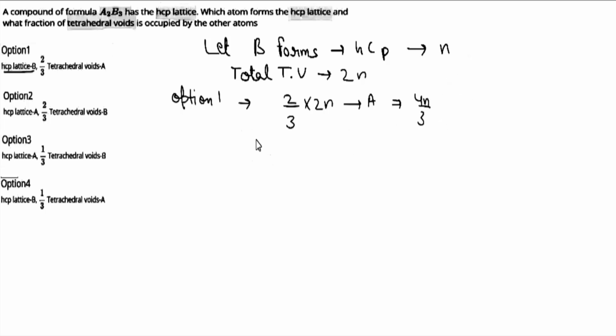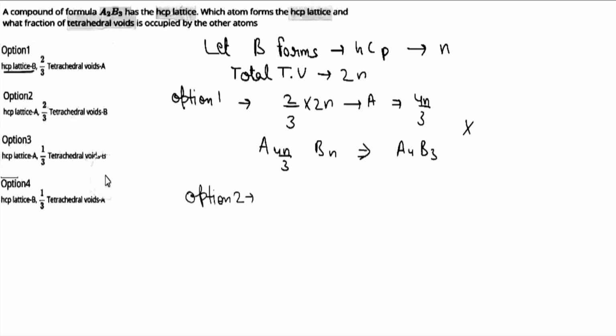So the formula according to option 1 is going to be A4n/3 Bn, which is A4B3, which is not matching with the formula given in the question. So option 1 is wrong.